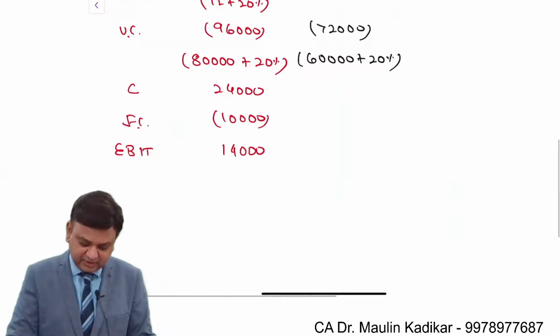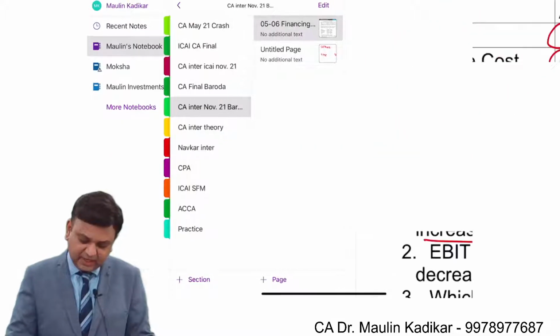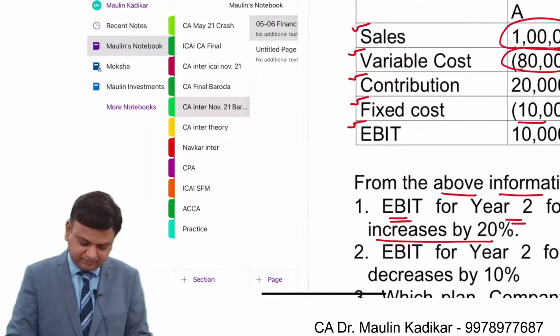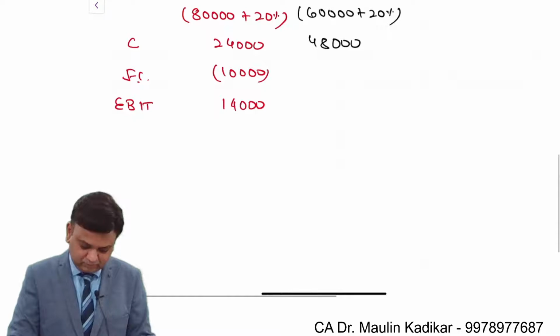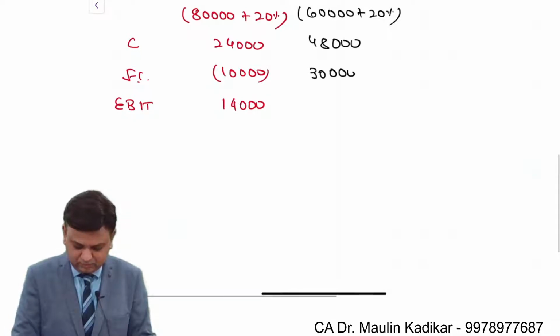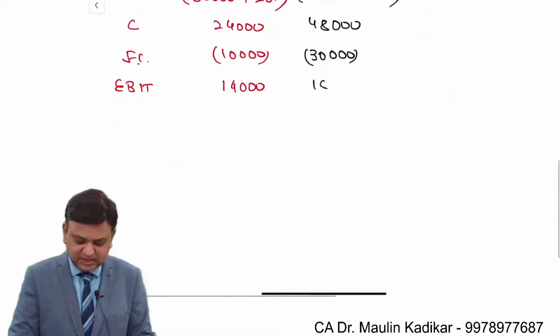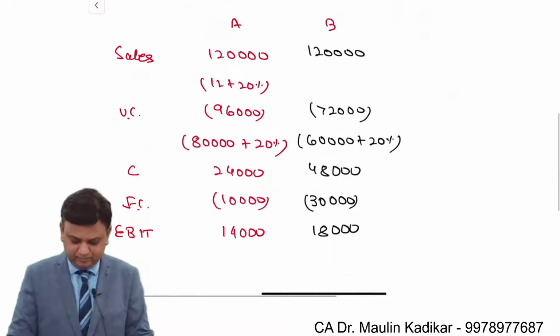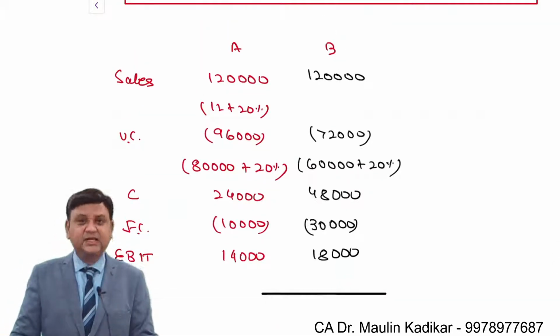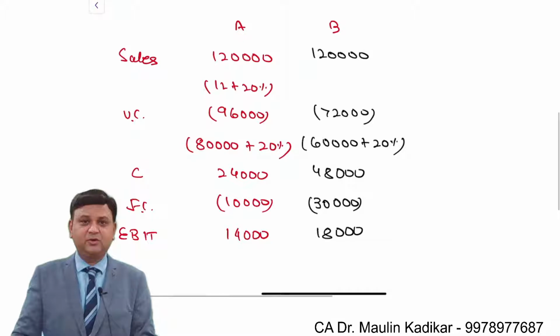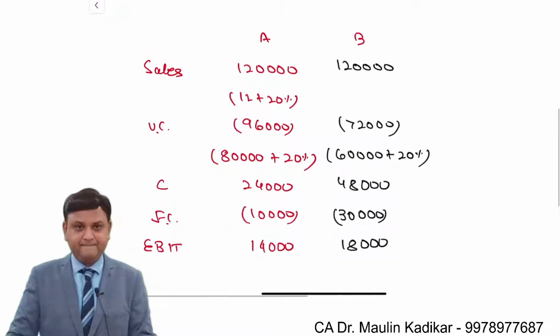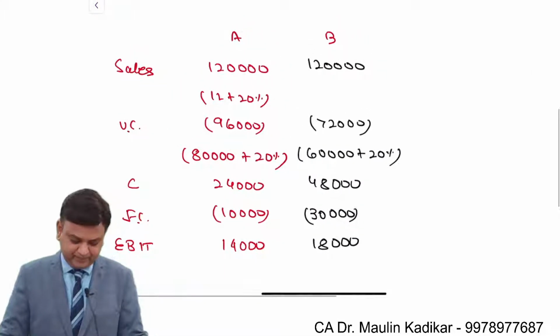So contribution is 48,000. The amount of the fixed cost is 30,000. And this is 18,000. Like that we'll get the EBIT, that is an amount of 18,000.